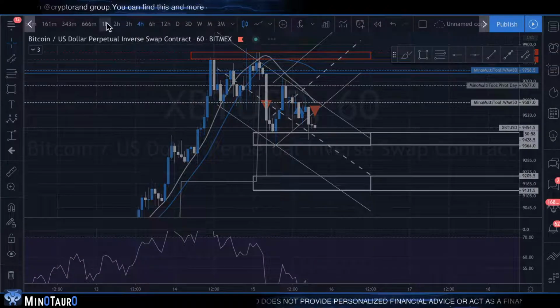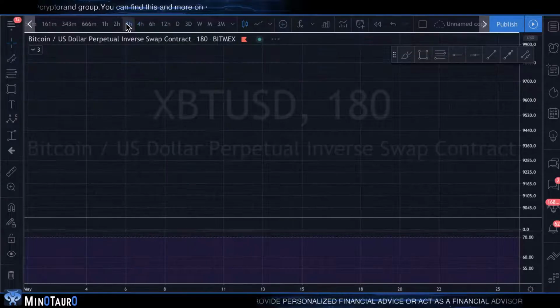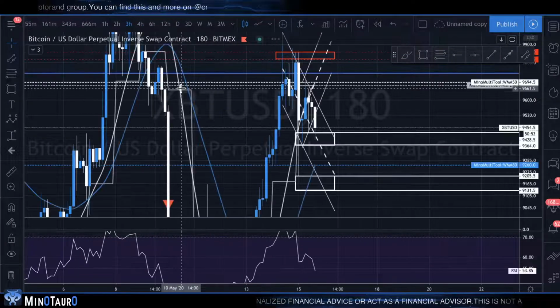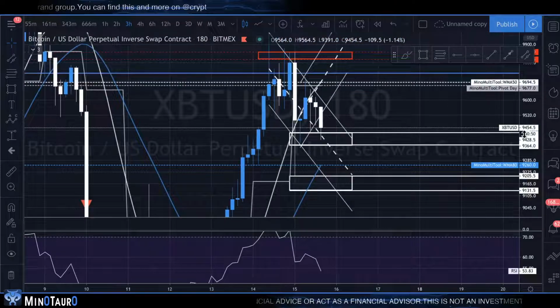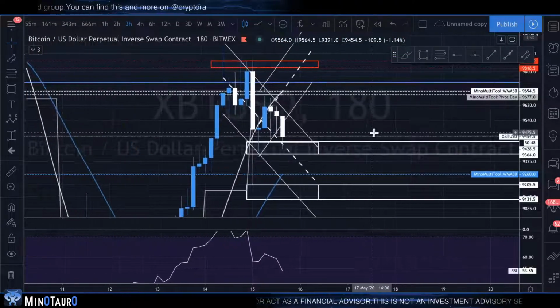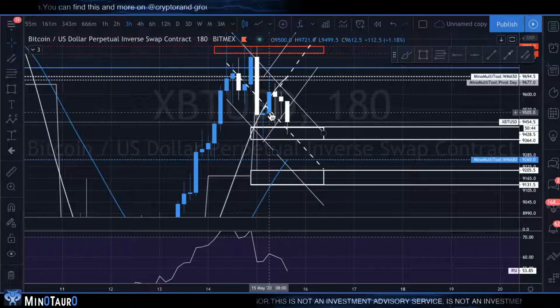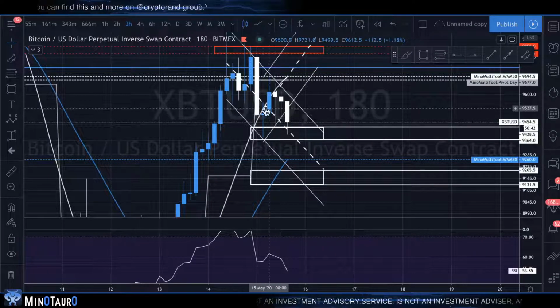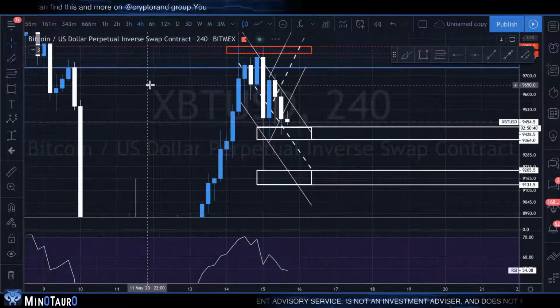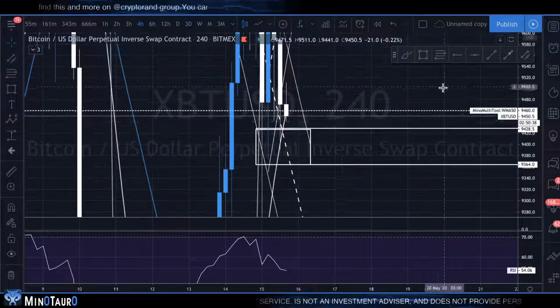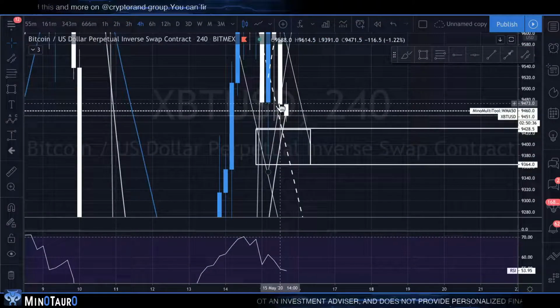Let's go to the higher time frames. The 1 hour is looking like a bear flag. The 3 hour still has time to close. We'll probably close and wolf based on this support. The 4 hour closed and wolfed based on the support.